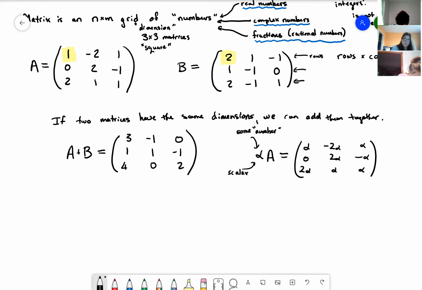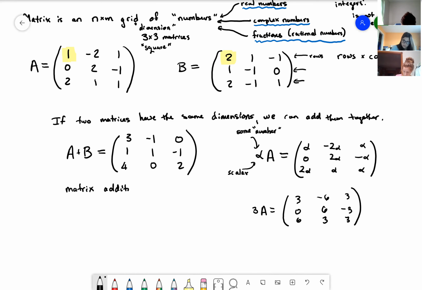And if, for example, we had 3A, it would be 3, 0, 6, negative 6, 6, 3, 3, minus 3, 3.